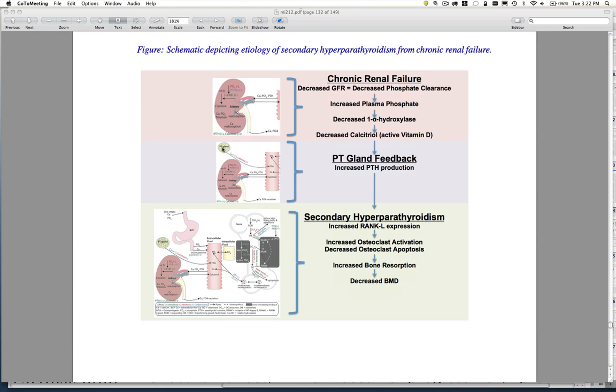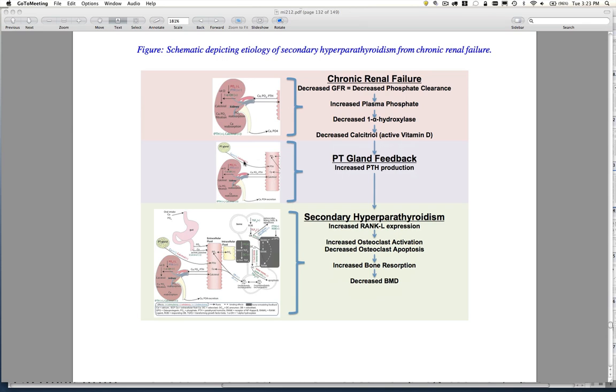So it's going to feed back to the parathyroid gland, and it's going to say, make me some more PTH because I need to retain more calcium from being spilled into the urine. And additionally, I need less calcium going into the bone and potentially more coming out. Again, this is all in the idea of trying to maintain that very tight calcium balance within the extracellular fluid.